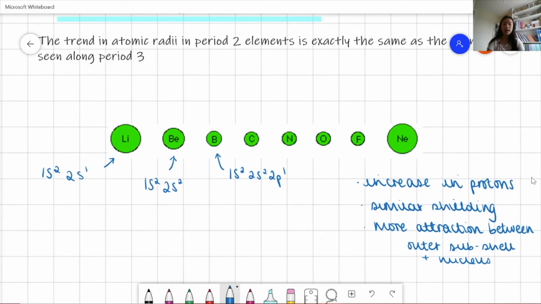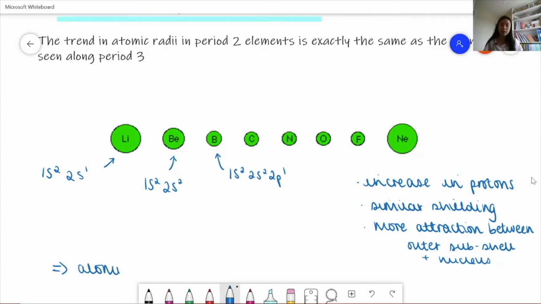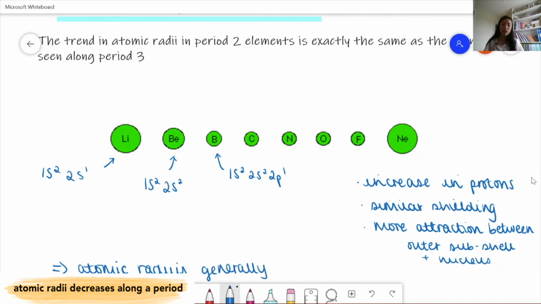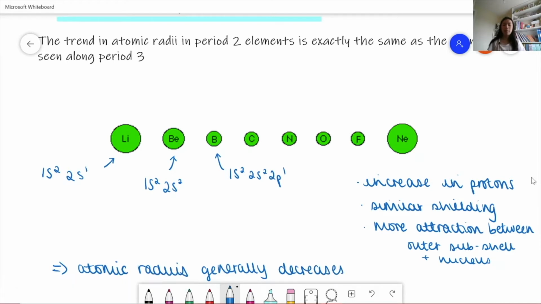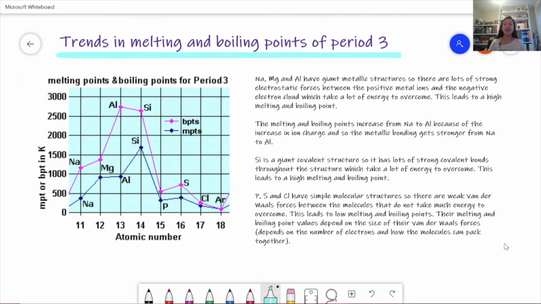And so what we get is that the atomic radius generally decreases along the period. And we actually ignore the noble gas because that's just an anomaly.